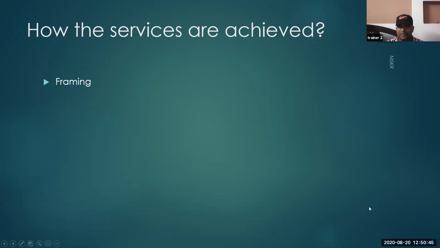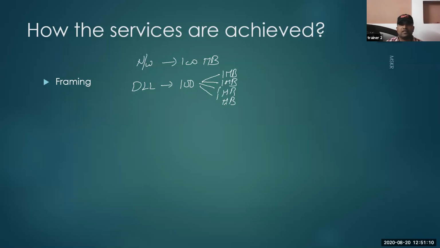Let me tell you what I meant. The network layer is giving you 100 MB. You, the data link layer, well thought of everything, and divided these into 100 pieces of 1 MB, so that when there is some problem, you only retransmit that single 1 MB.